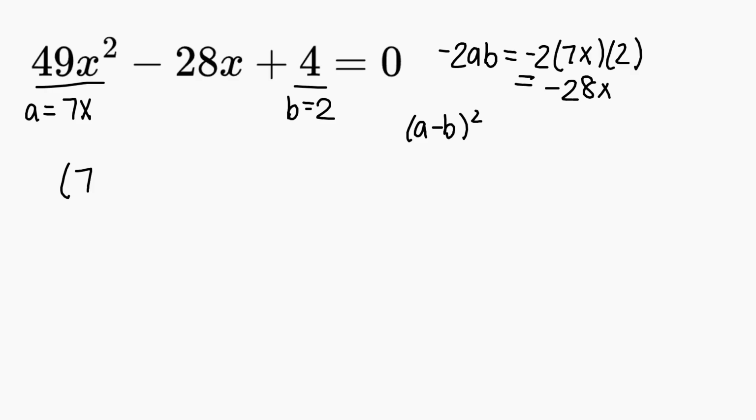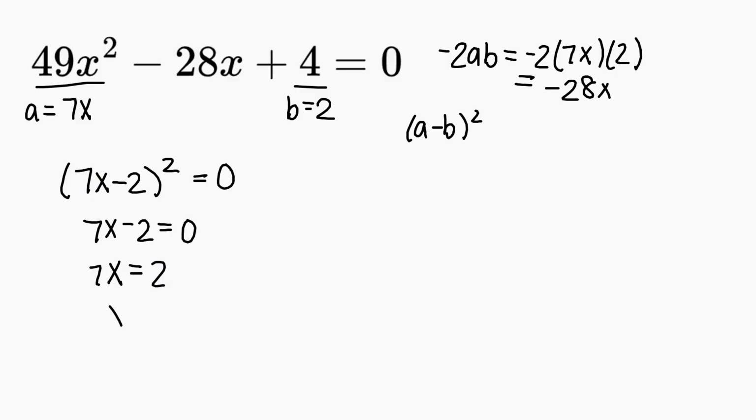This looks like 7x minus 2 squared, and we know this equals 0. So we know that we have a double root, where 7x minus 2 equals 0. So we know that x is 2 divided by 7.